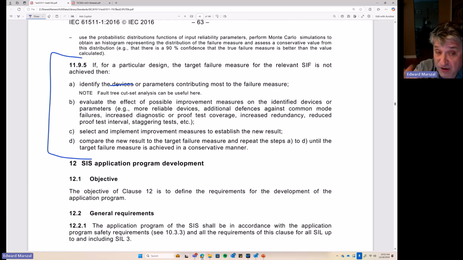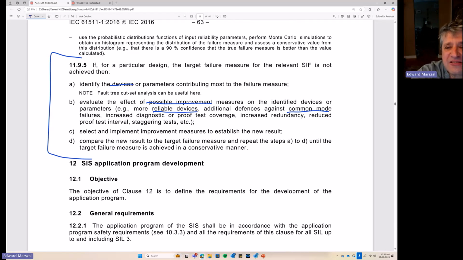Okay, so which is the device that's causing your problem? Then evaluate the effect of possible improvements. Maybe I could get a more reliable device, a device that has a lower lambda D. I might want to look at common mode, preventing common mode failures. Well, we're 1 out of 1, so we hadn't talked about the beta factor yet.